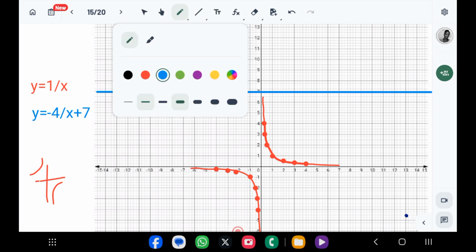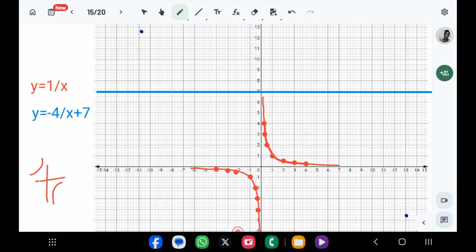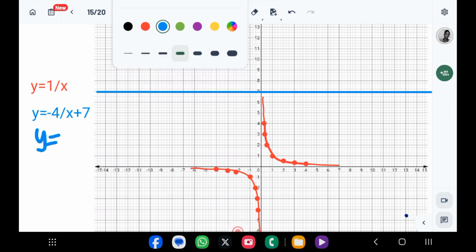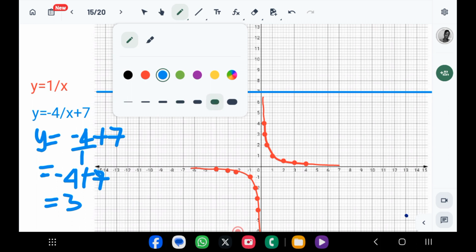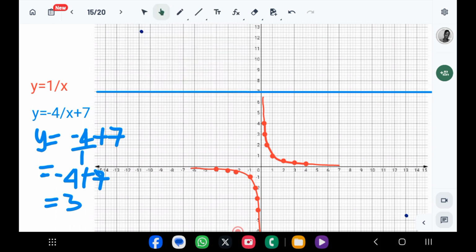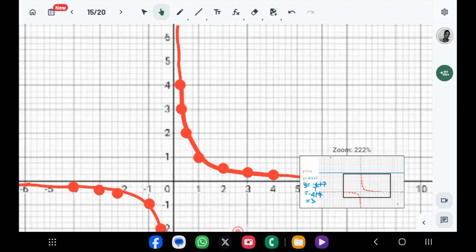So when x equals to 1, y equals to -4 over 1 plus 7, which is equals to -4 plus 7, which gives us 3. When x equals to 1, y equals to 3.